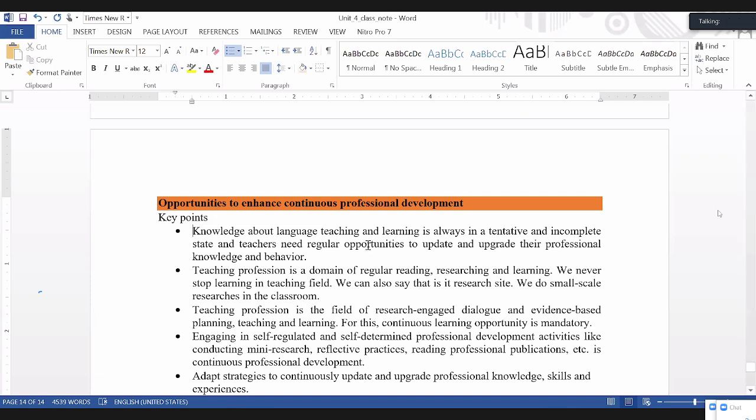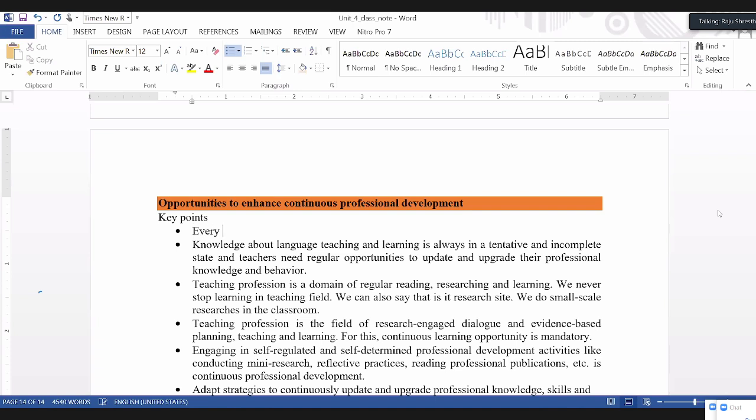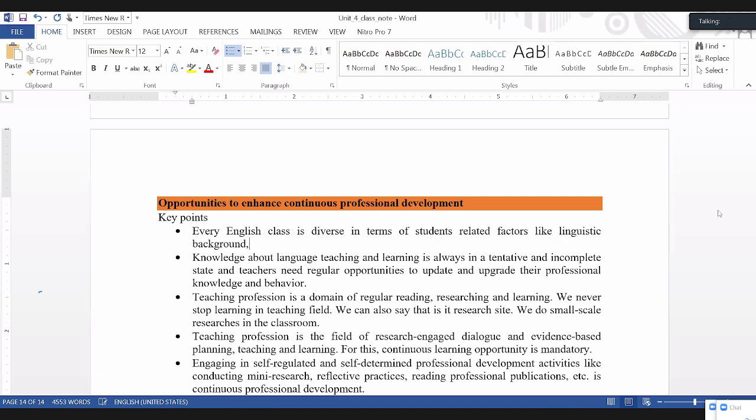Every English classroom, because we are related to English class, is diverse in terms of student-related factors, like linguistic background, cultural background, socioeconomic background.